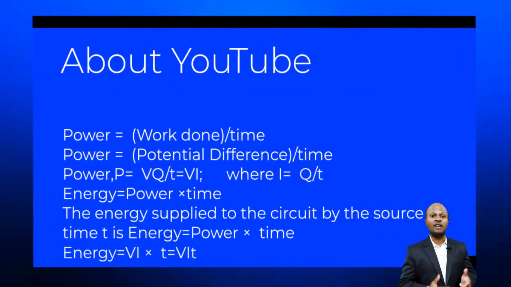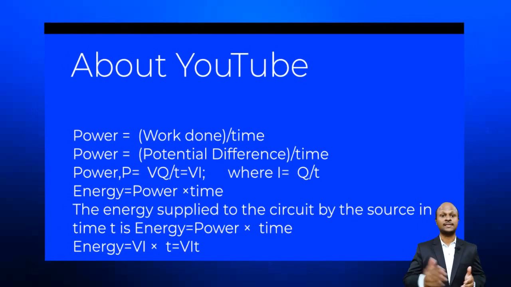Consider a current I flowing through a resistor of resistance R. Let the potential difference across it be V. Let t be the time during which a charge Q flows across. The work done in moving charge Q through the potential difference V is V into Q. Therefore, the source must supply energy equal to V into Q in time t.